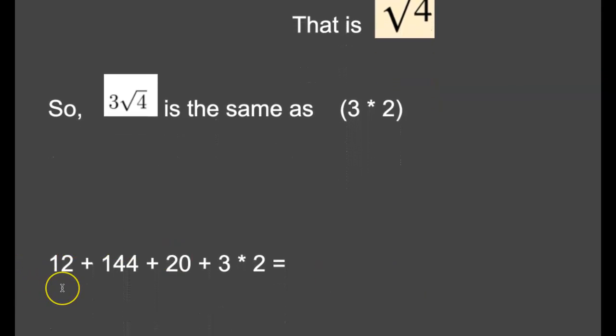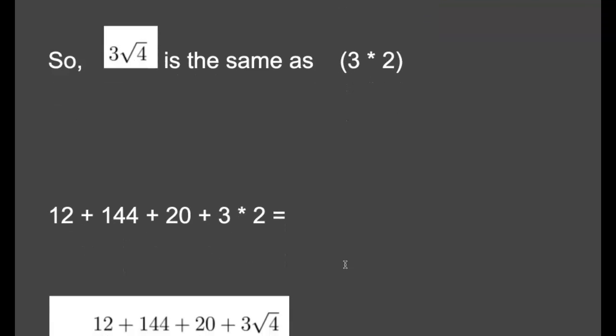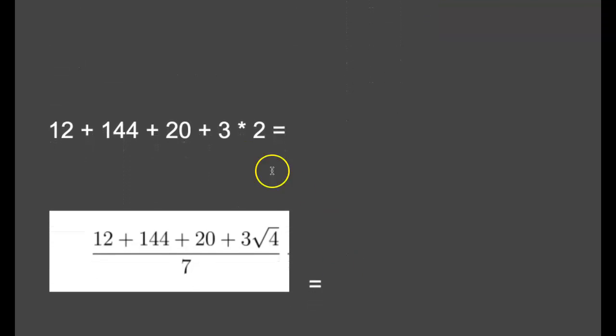Next, calculate 12 plus 144 plus 20 plus 3 times 2 using PEMDAS. So you just did the top part of this whole fraction. So you want to do the whole top part and then divide by 7.